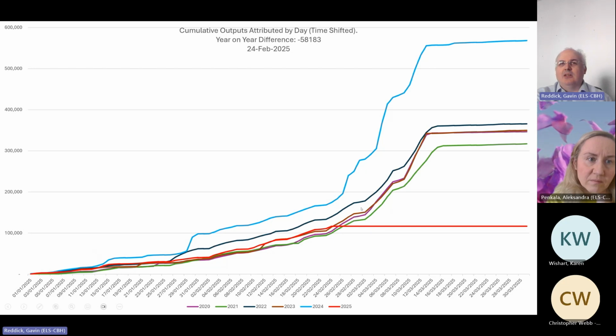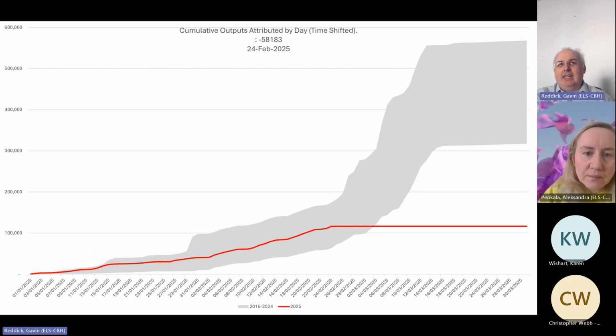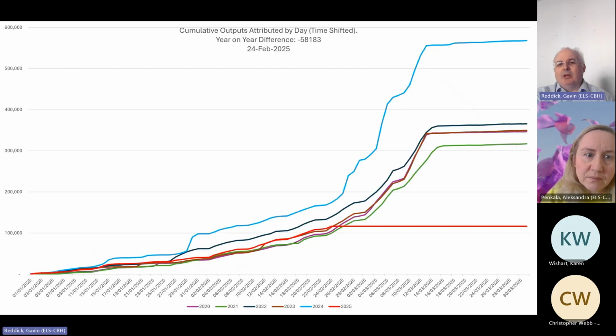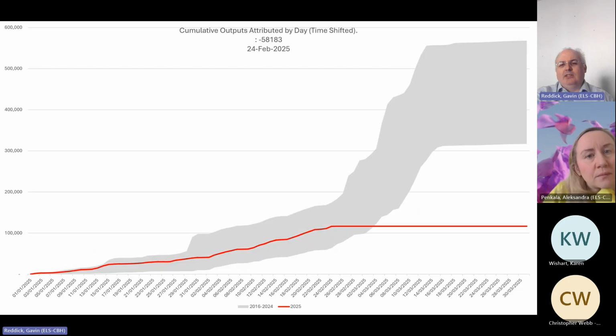Obviously there's quite a steep curve coming up over the next few weeks. And again, if you look at maximum and minimum, you can see where we fall there. Now, obviously that's less than last year, but part of the reason for this is some changes in the way that we've been harvesting data.